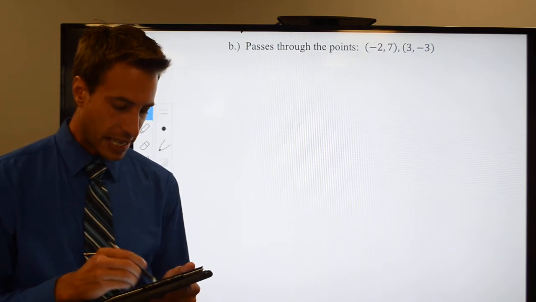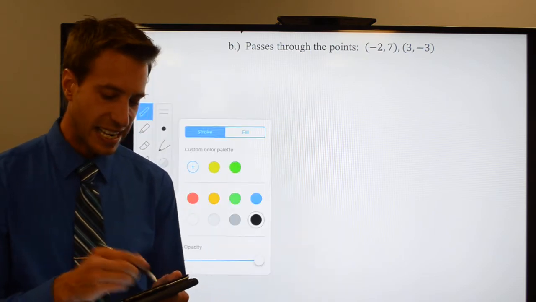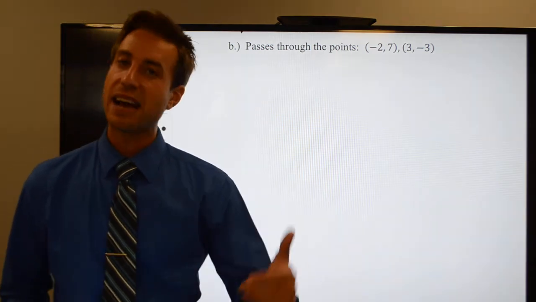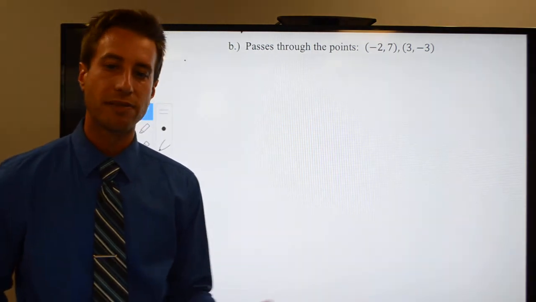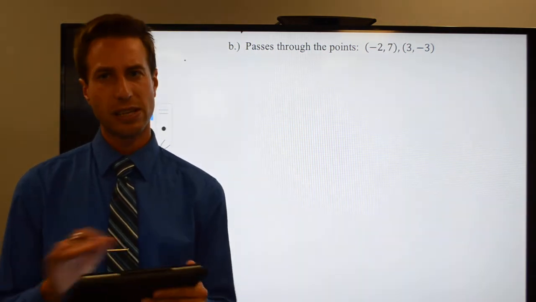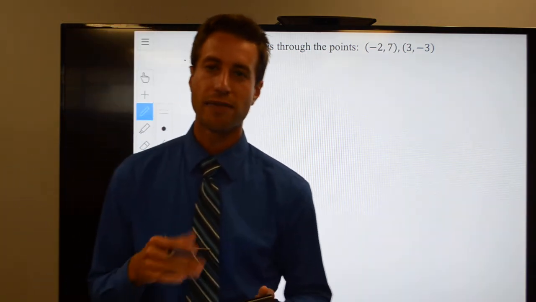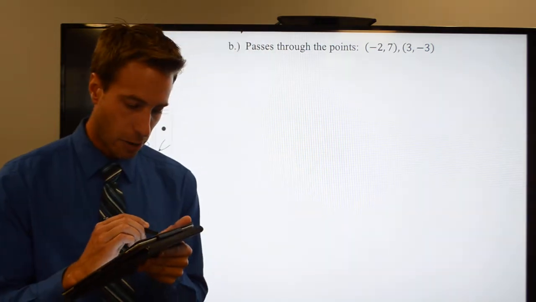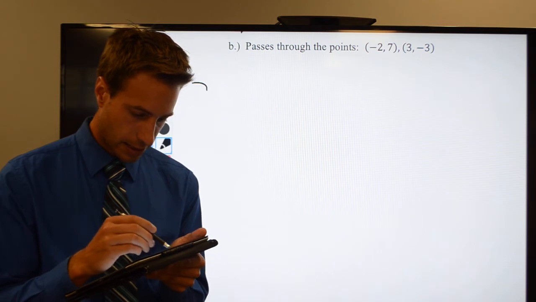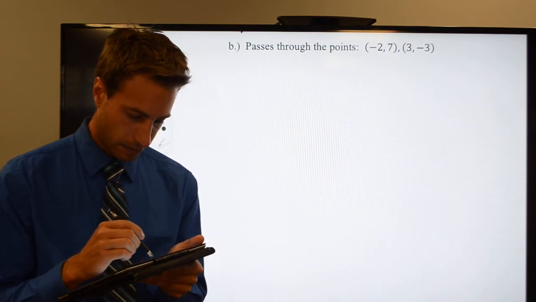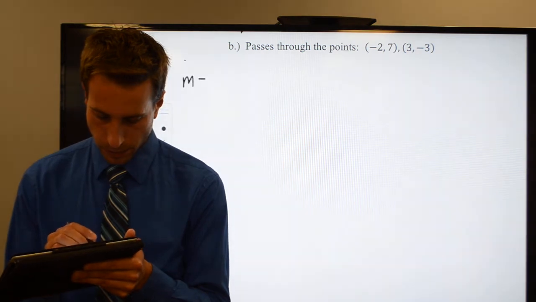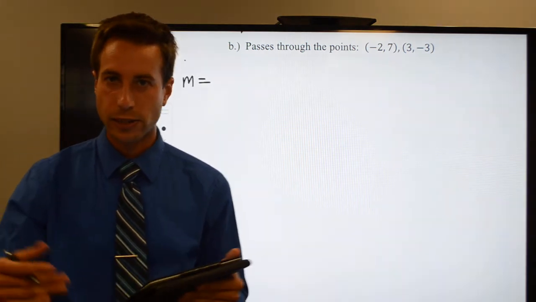Alright, now this looks like it may be a little bit more complicated. It's actually not that bad. You're going to see a bunch of these. In this case, I've not given you the slope. All I've done is just given you 2 points. But finding the slope is really, really easy. You guys shouldn't have any trouble doing that at all. So here we go. M. I'm not even going to bother writing the y2 minus y1 thing.